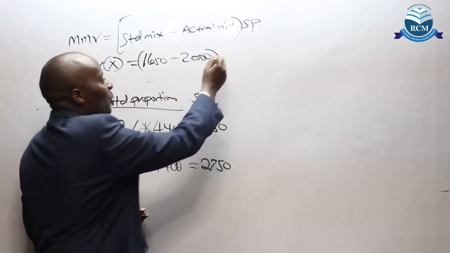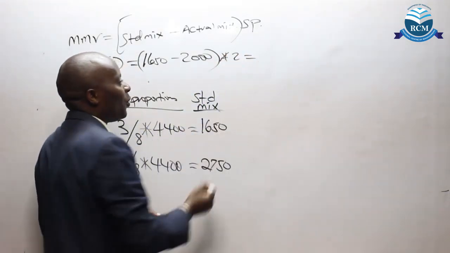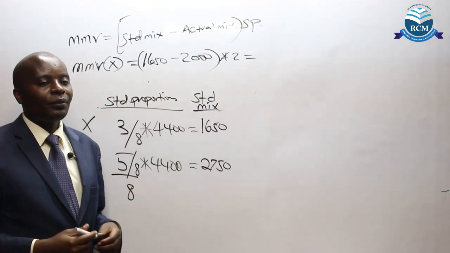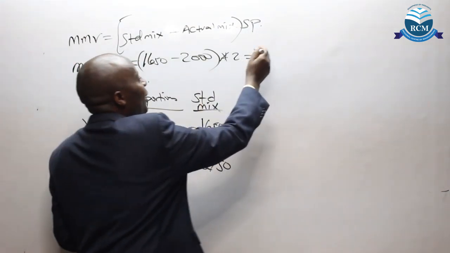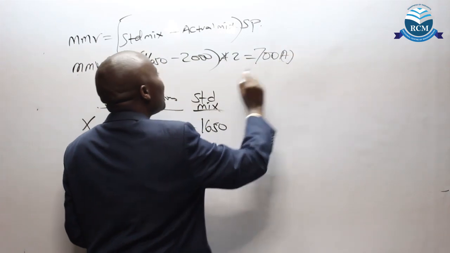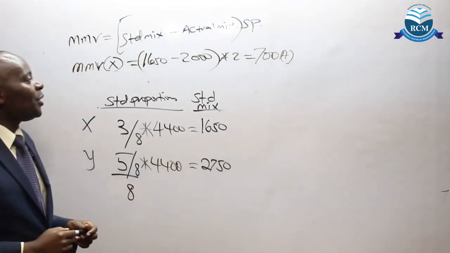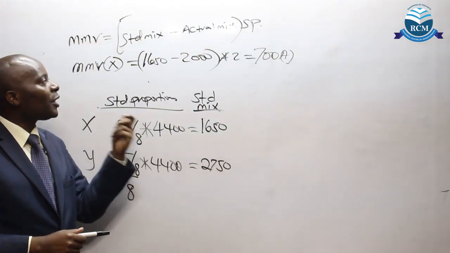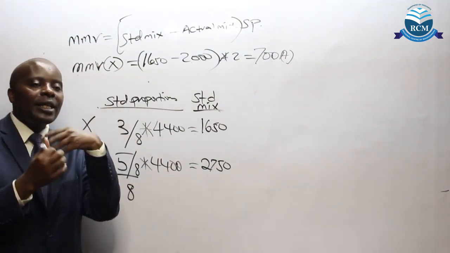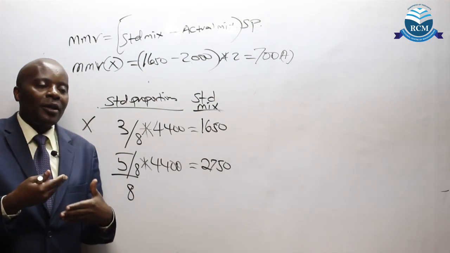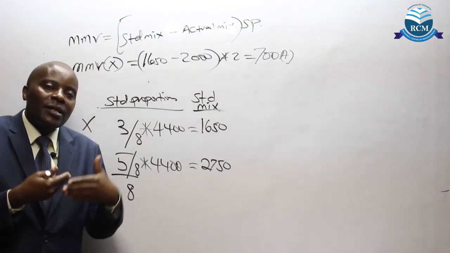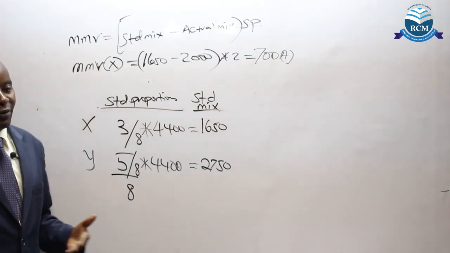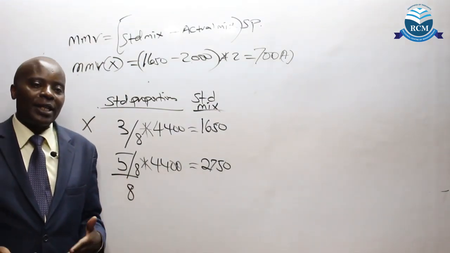It is 2. So this will be equal to 700 adverse. It's negative, and you can see clearly that we intended to take into the mixture 1,650 kilograms of X, but we ended up taking more. So it impacted us negatively. So it is 700 adverse.